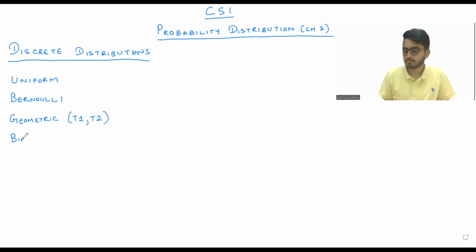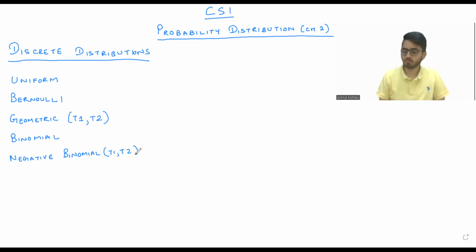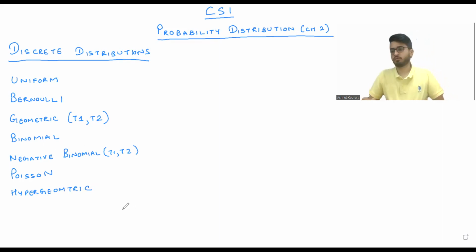Then we will be looking at binomial. Then we will be looking at negative binomial, which again has two types, type 1 and type 2. Then we would be looking at the Poisson distribution, which would be one of the most important distributions. And ultimately, we would be looking at hypergeometric. The last one will be a relatively shorter one, something which is not frequently used for our analysis at least.